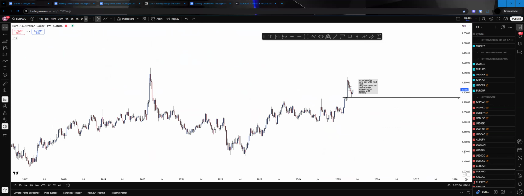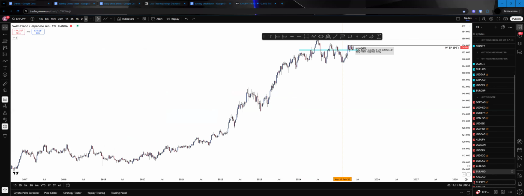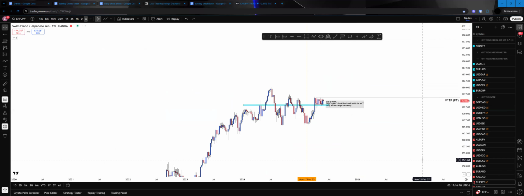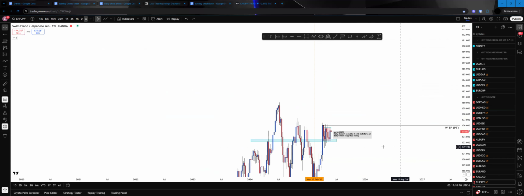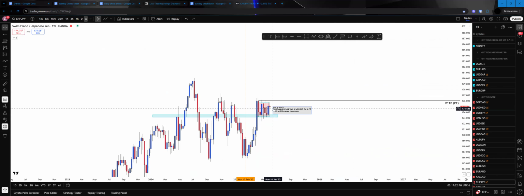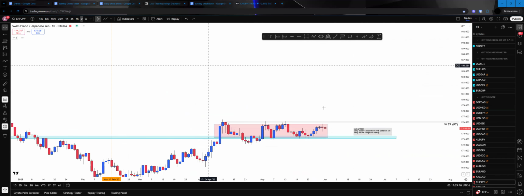Yeah. Don't like it. Doesn't respect anything. Too choppy. This one it is bullish. It's super choppy within here. Let me see.